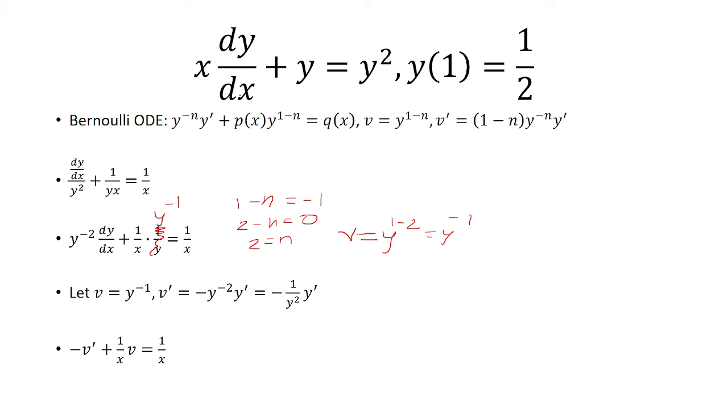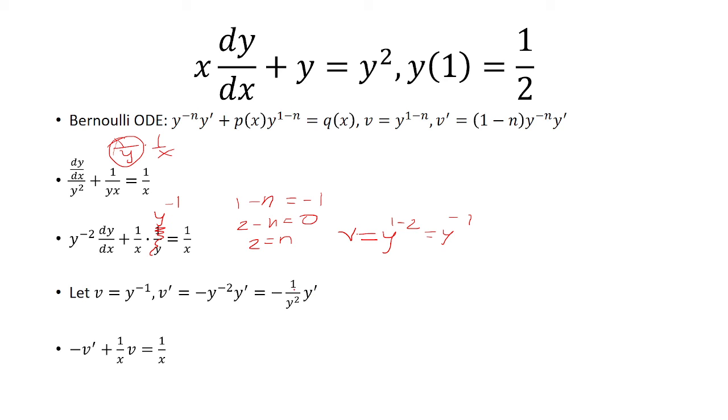So we're going to replace that now. So we have negative v prime plus 1 over x times v equals 1 over x. Because here you have 1 over y times 1 over x. This thing is v. And here we have 1 over y squared times dy over dx.